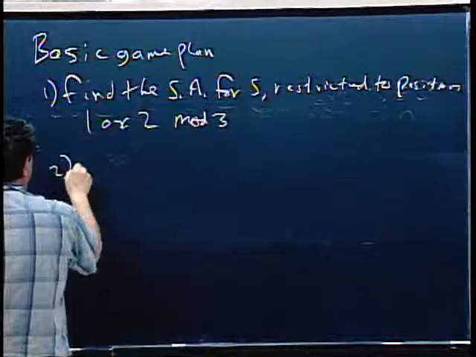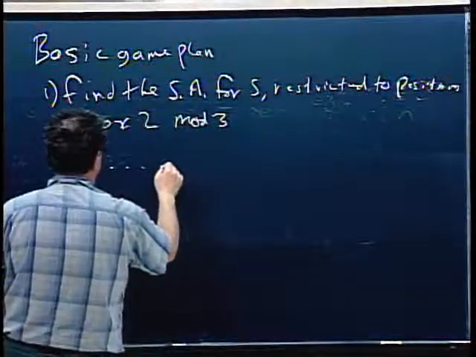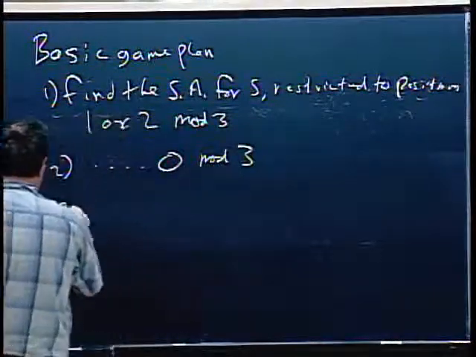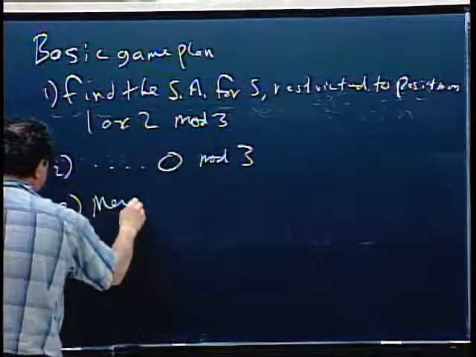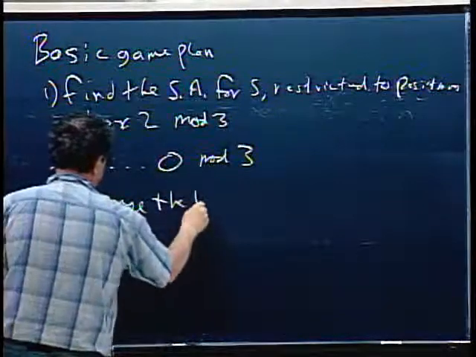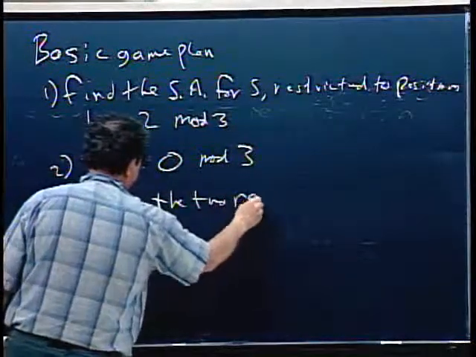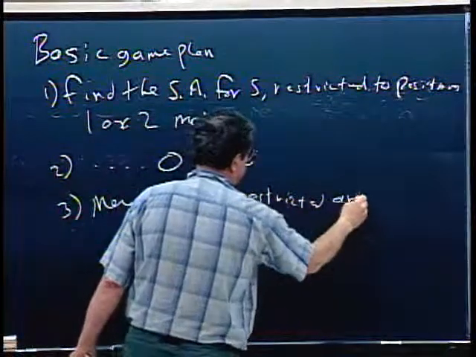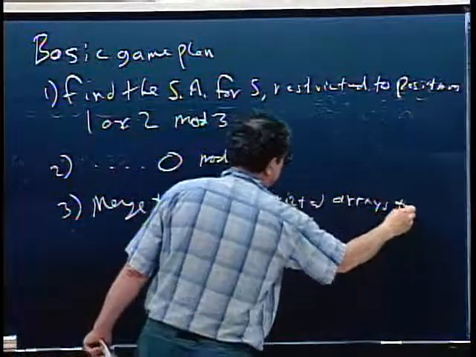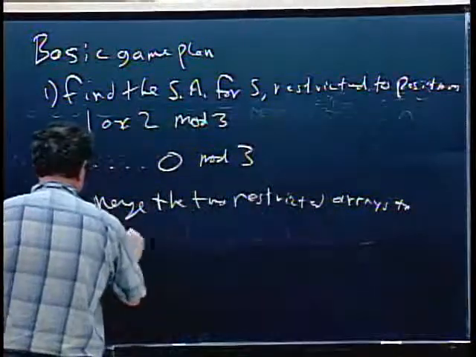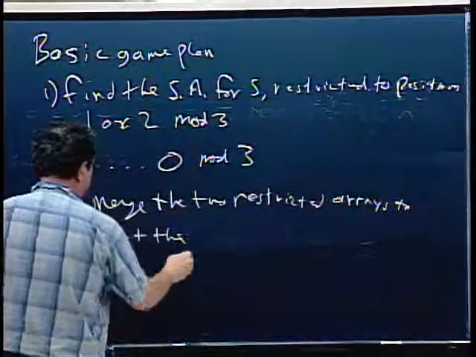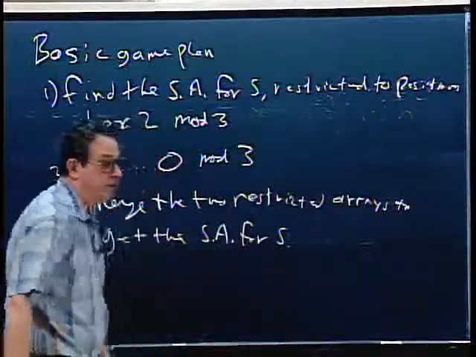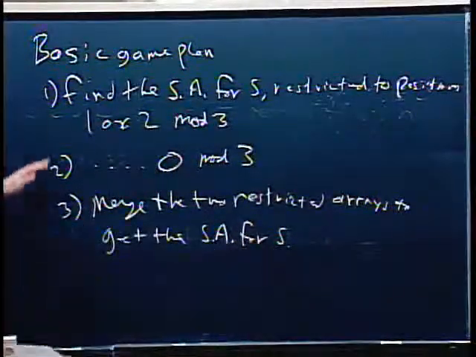And then secondly, the same thing, but restricted to positions 0 mod 3. And then somehow merge the 2 restricted arrays to get the suffix array for S, for the whole string. And we're going to be able to do this in linear time.